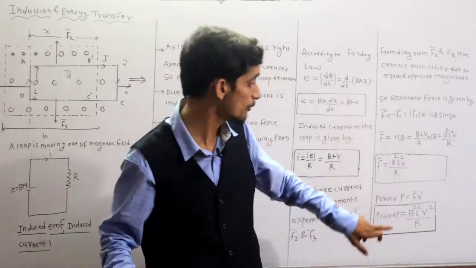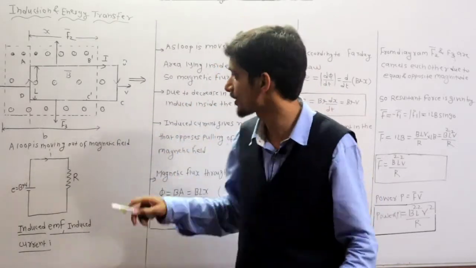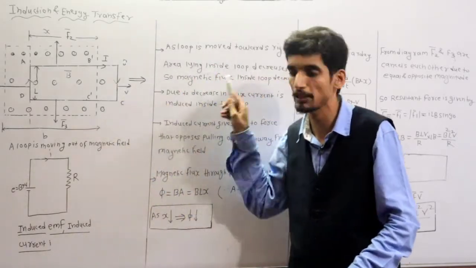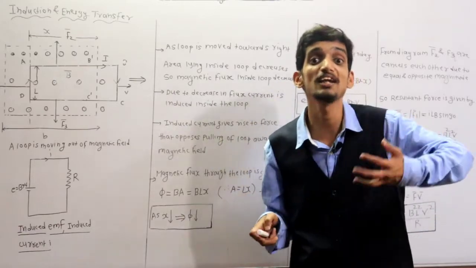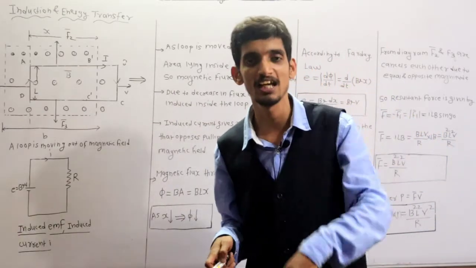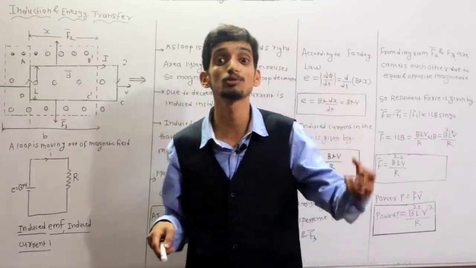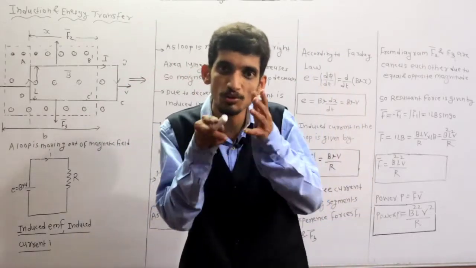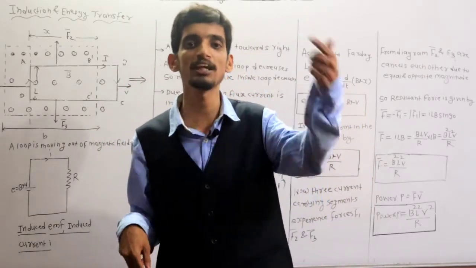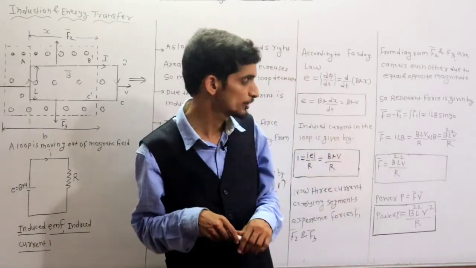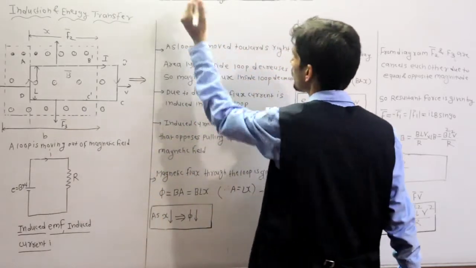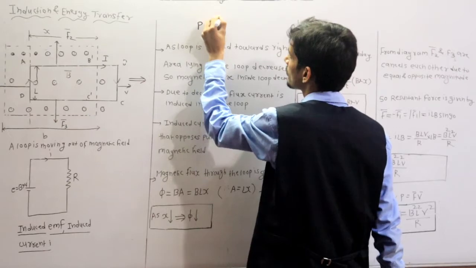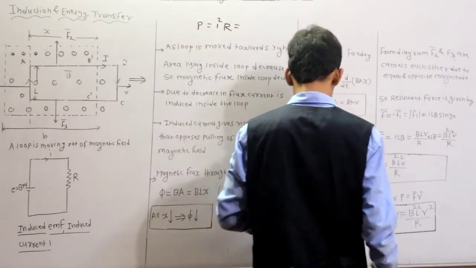So in this context we discussed the important topic, induction and energy transfer. This power appears as heat. Whatever mechanical force we are applying is converted into heat, in terms of electrical energy. If you calculate power in terms of electricity, power is I square R. But what is I?